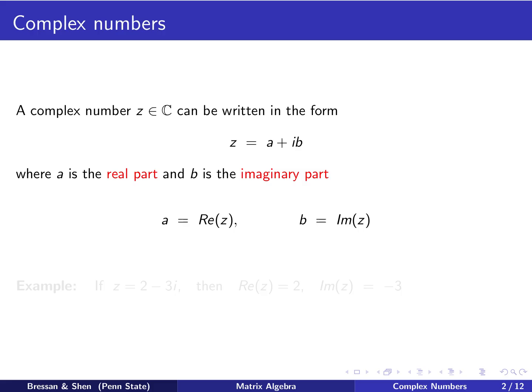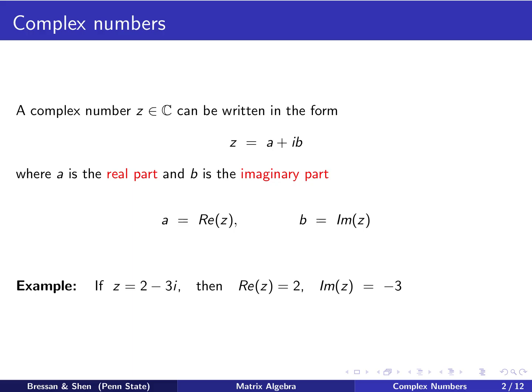Here A is a real number, and B is also a real number, but it has the i in front of it. So B is called the imaginary part, which we write as Im of Z, the imaginary part of Z. And of course, A is the real part, denoted as Re of Z.